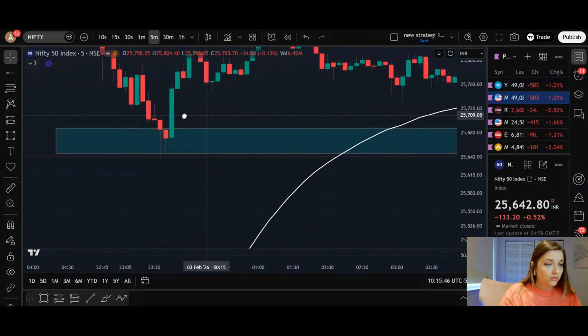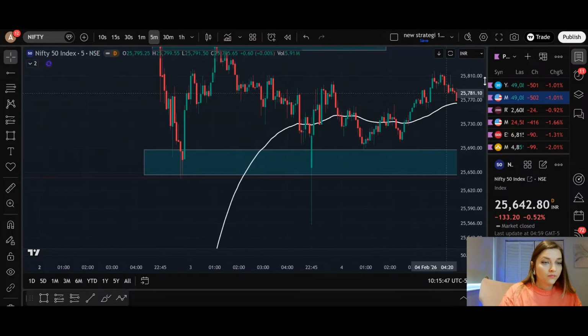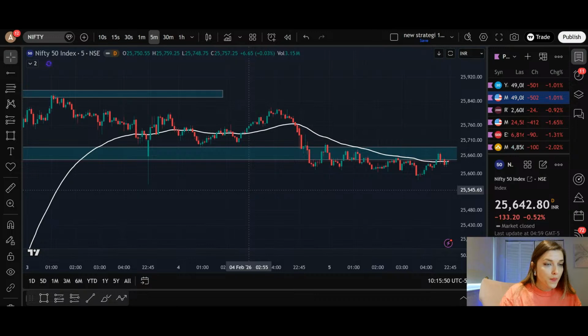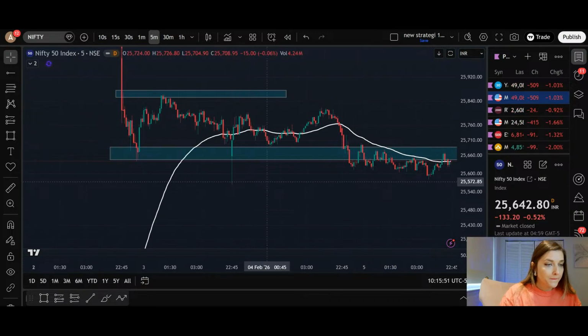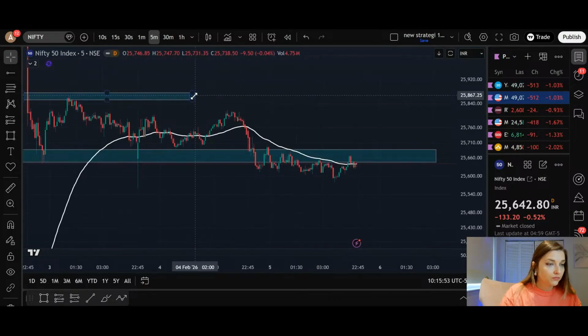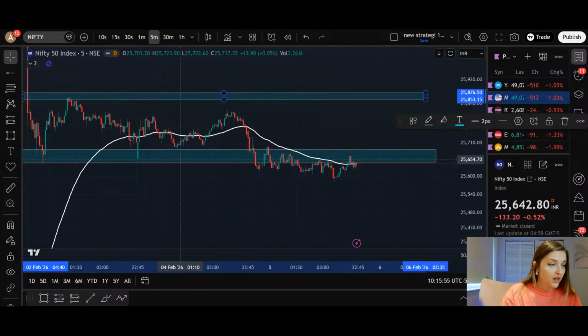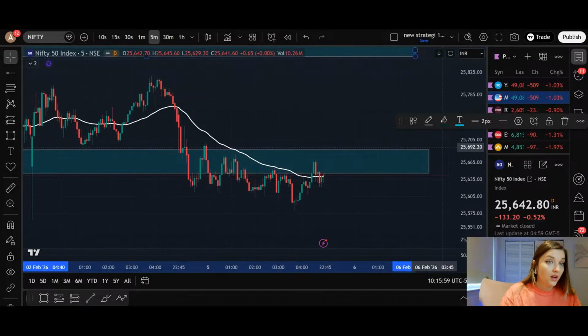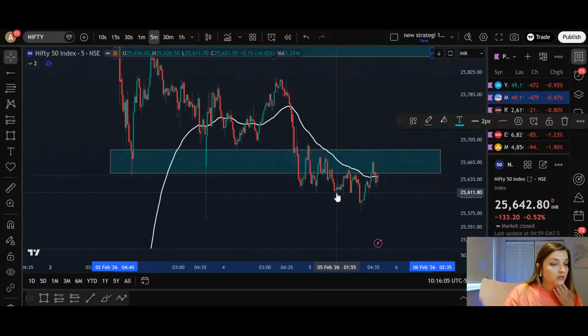It was on 5 minutes. I was saying to look for sales once it breaks this area. Now you can look for sales, but I don't like this wick that happened here.